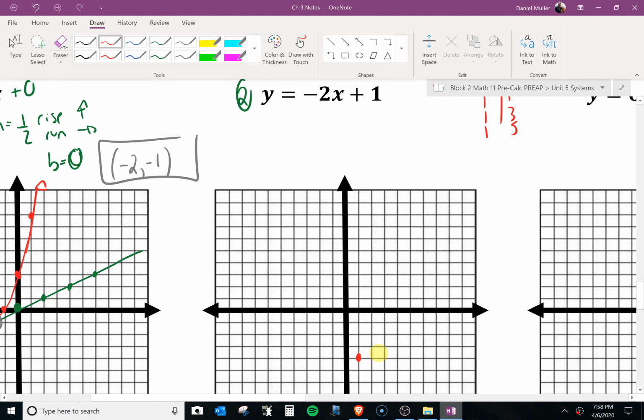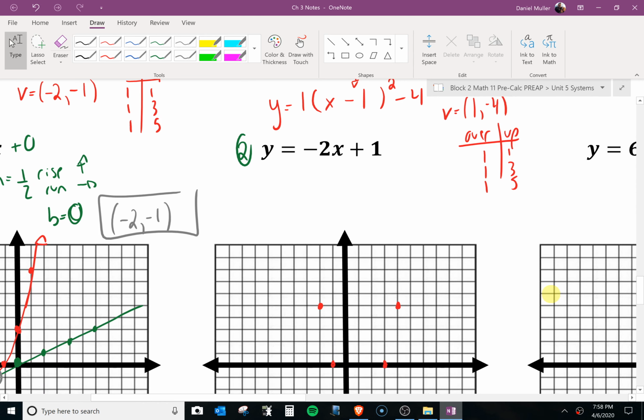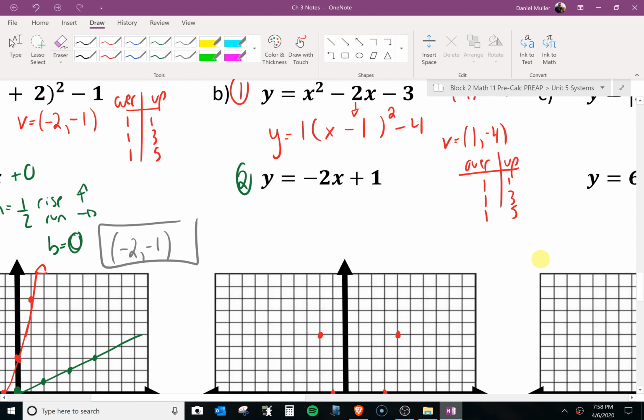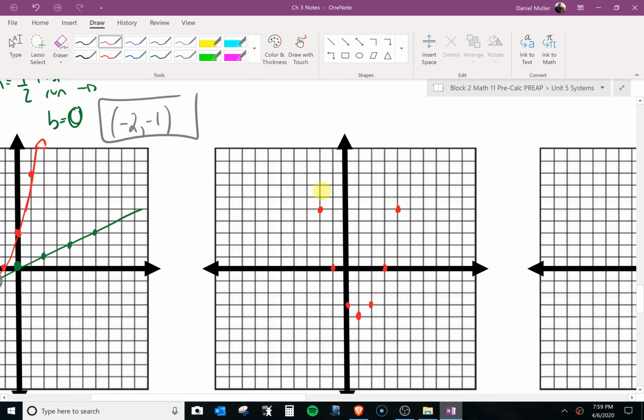And then from there, over 1, up 1, over 1, up 3, over 1, up 5, over 1, up 7, which I'm not even going to be able to do. Are there absolute values around it where I have to flip anything? No, there's not. So I just have this quadratic. There we go.